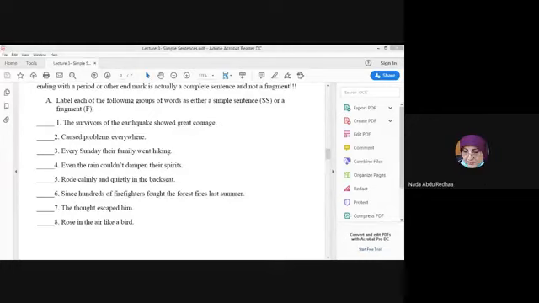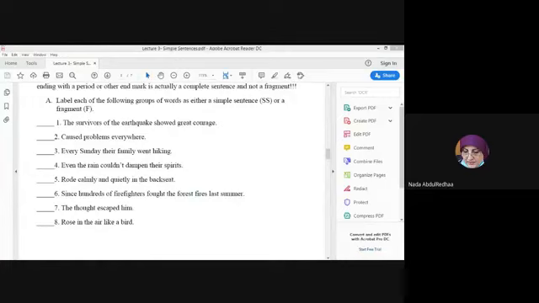Sorry, it is "caused", not "causes". So this is the verb, and it needs a subject.